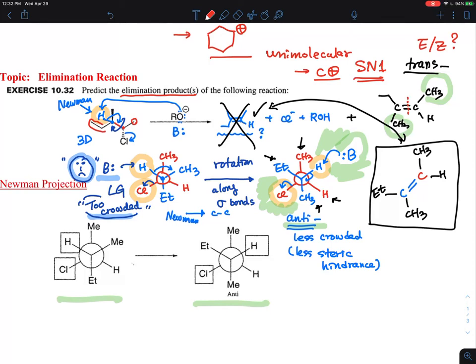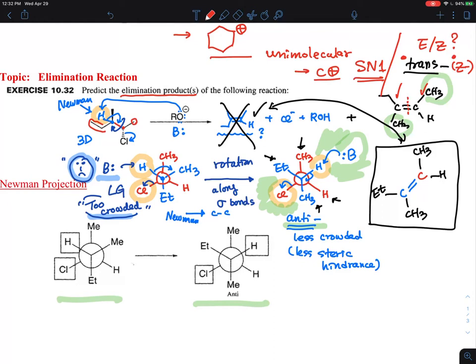If you look at the priority, this one is bigger. Ethyl is bigger than methyl. Methyl is bigger than hydrogen. So they are on the same side, so this is essentially the Z, zusammen isomer. It's one of the rare cases where trans is at the same time called zusammen. This is pretty rare, but that's the answer.